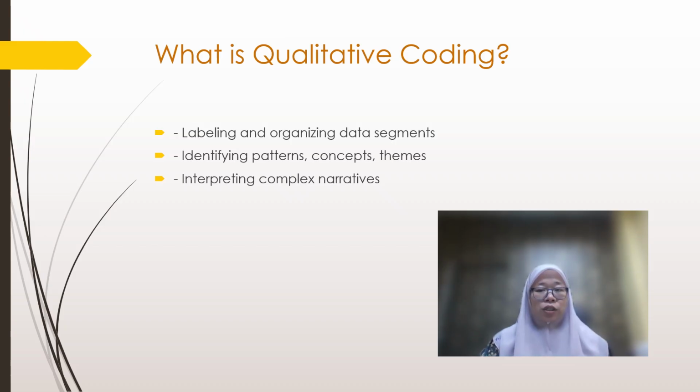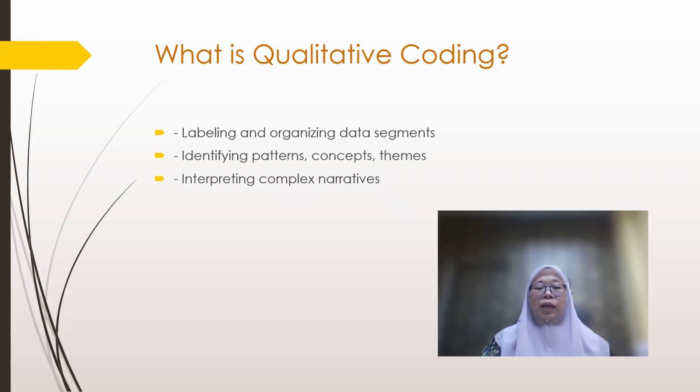Qualitative coding is essential in the process of labeling chunks of text so you can make sense of what your participants are saying. When you conduct interviews or collect open-ended responses from your participants, you often end up with pages of unstructured data. So coding helps to break this data into smaller, manageable units.